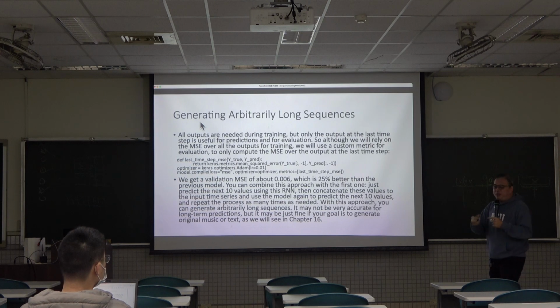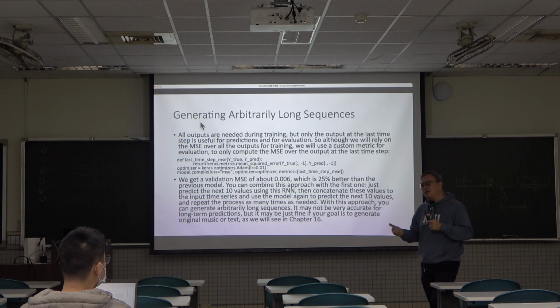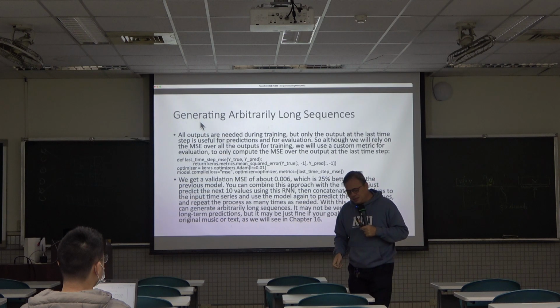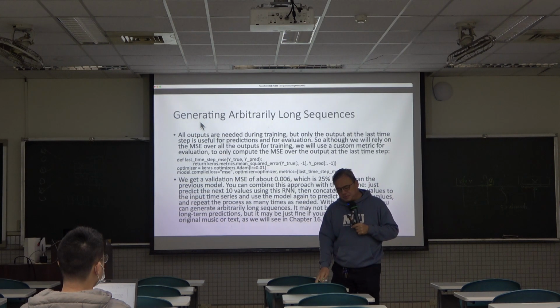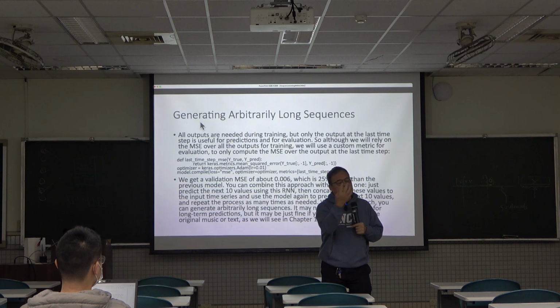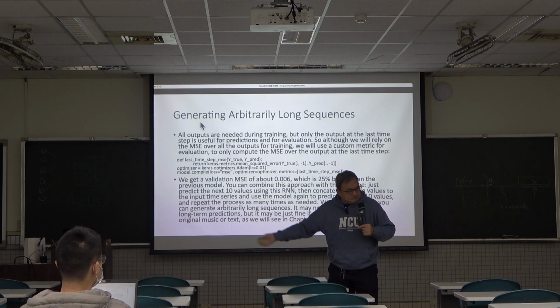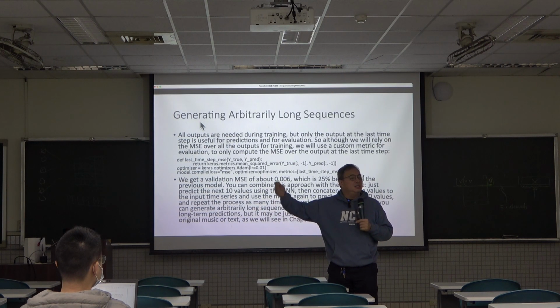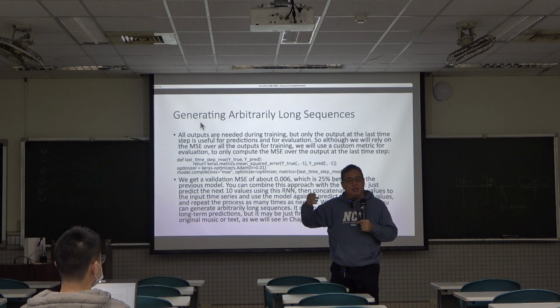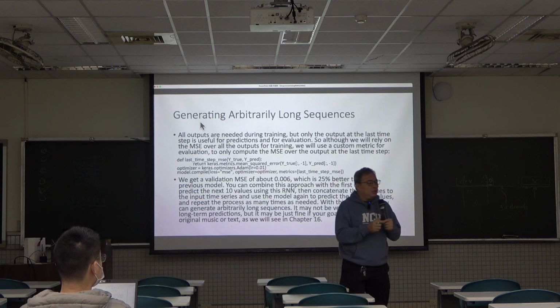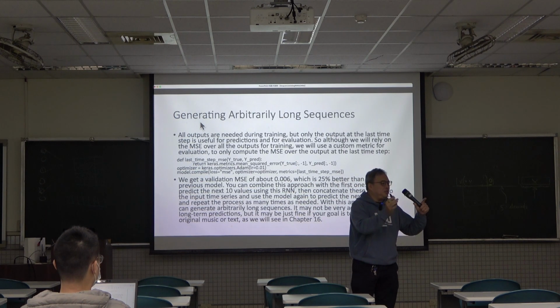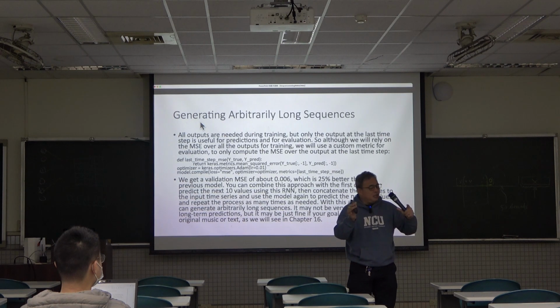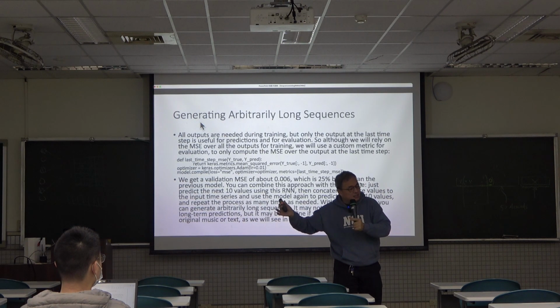But let me use a very extreme example. Say you have the first 50 values, and you want to predict a sequence of the next 100. Then you can use the first 50 to predict the next 10, and do it 10 times, right?